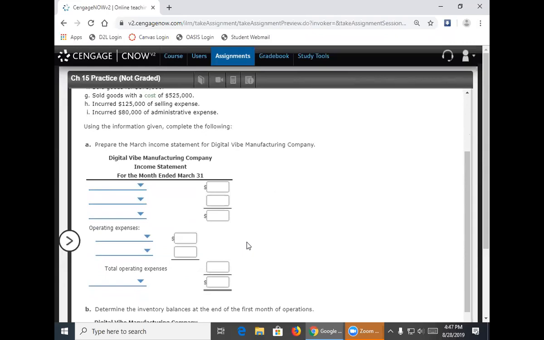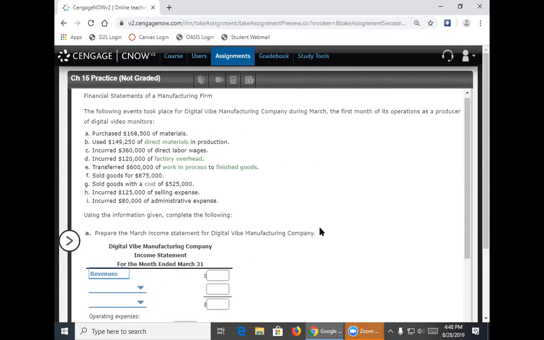We're still going to start with our revenues. And when I read through all of this, the only revenue I saw was that we sold goods for $875,000. So that was our revenue for the month.